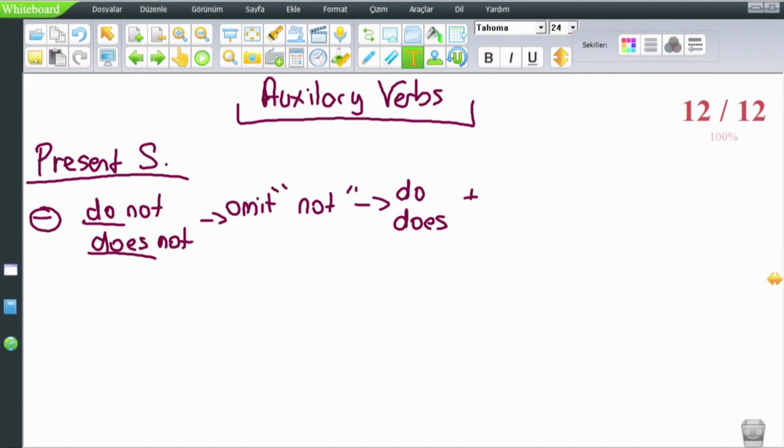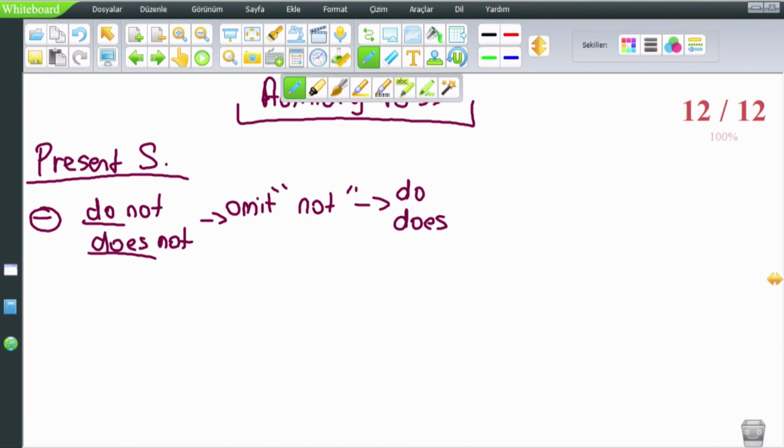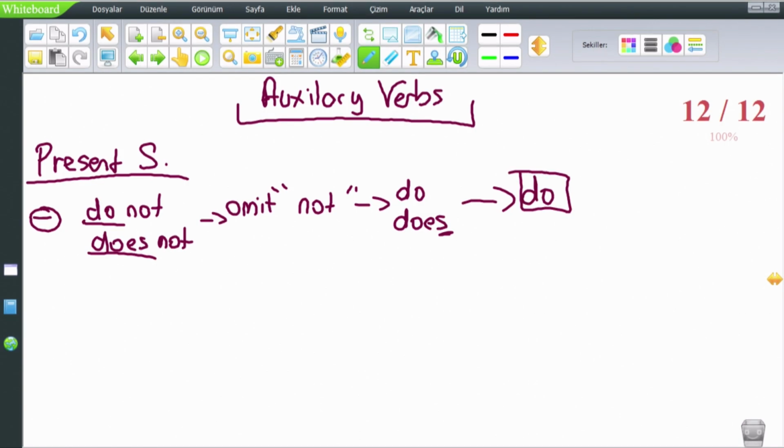Now, does is the form of do that gets s, so I also omit does, and we are left with do.